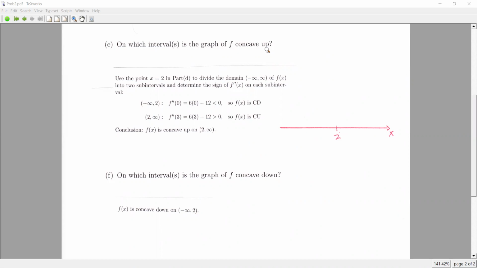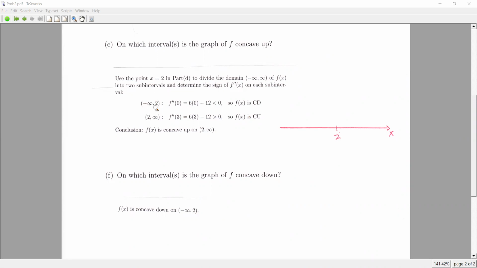When the second derivative is less than 0, the graph of f is concave down. Now, I use the point in part D to cut the domain of the function into two subintervals, and determine the sign of the second derivative on each subinterval.